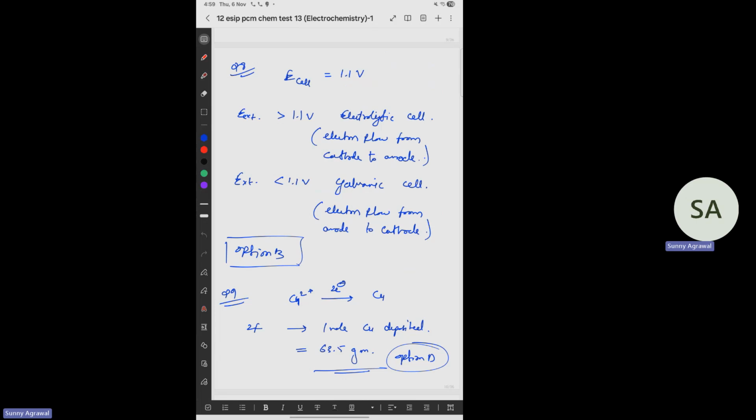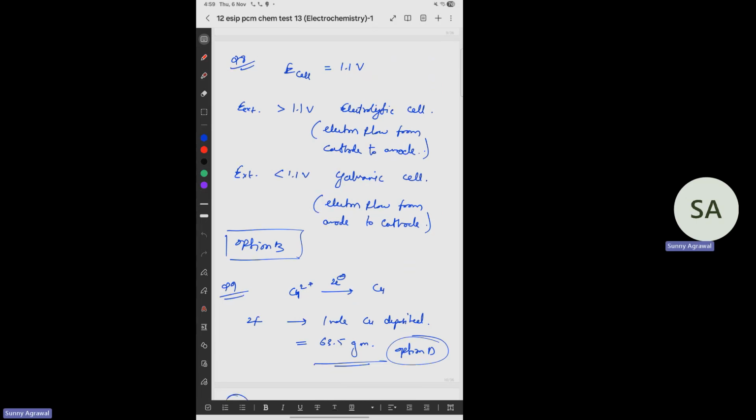What will happen when the external potential is less than 1.1 volt? The electron will flow as it is, from anode to cathode, and it will act as a galvanic cell. But when the external potential is greater than 1.1 volt, it will act as an electrolytic cell, and the reverse reaction will take place. That is, electron will flow in the reverse direction.